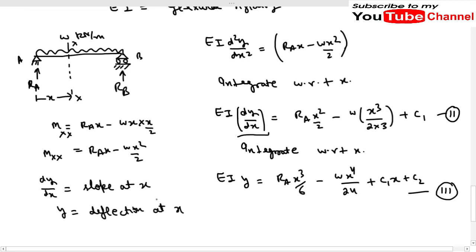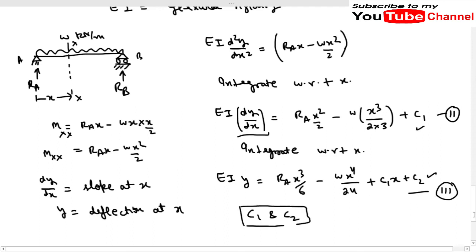Now if I want to find out the deflection and slope at any distance x from A, I will just put the value of x in equation number 2 and 3, and I will get the slope and deflection. But first of all, I have to find out these two constants, c1 and c2. Now how will I find these constants?